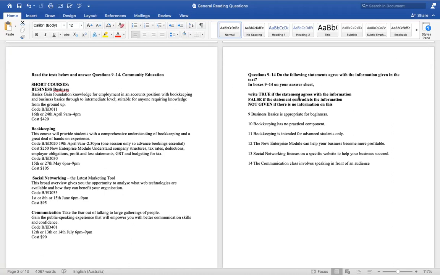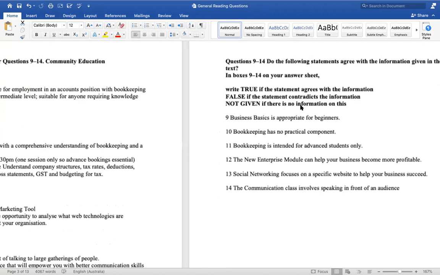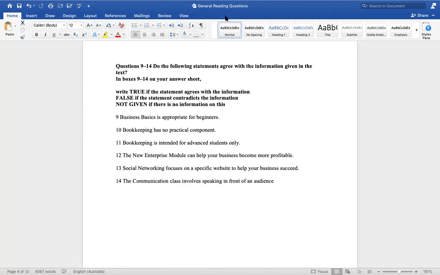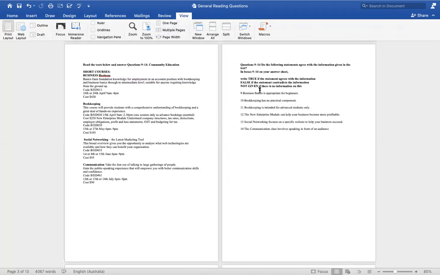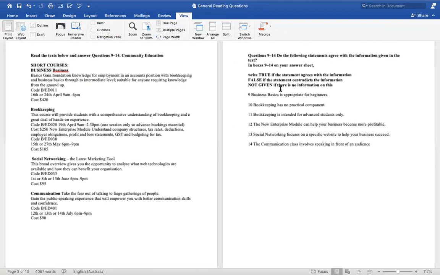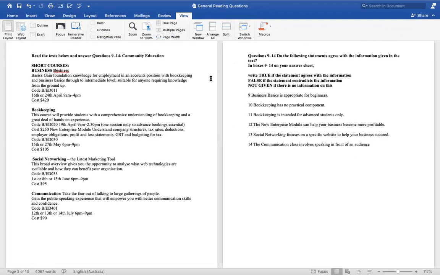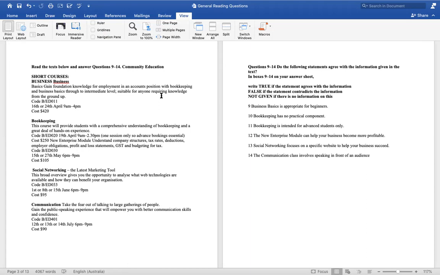So the next type of question that we are seeing here is true, false, and not given. True if the information completely complies or completely agrees with the reading passage. It is false if it is completely contradicting, the complete opposite of the given passage, and not given if there is no information on it.